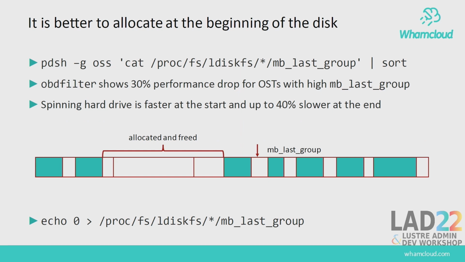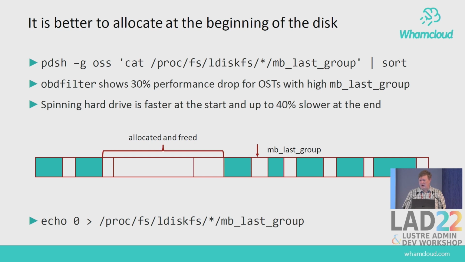The other issue that is causing problems, especially with these large disks, is allocating space at the end of the file system. So we have this MB last group counter, and that records the previous group that was used for allocation.